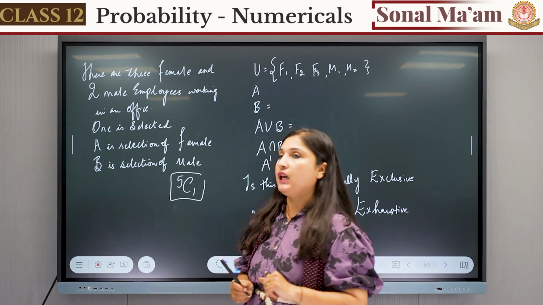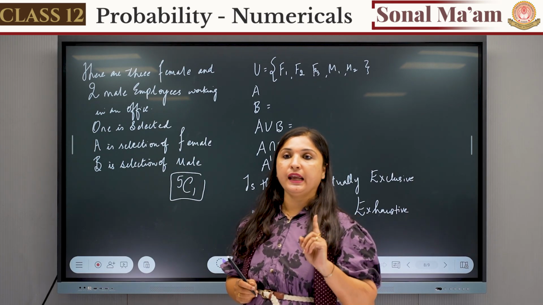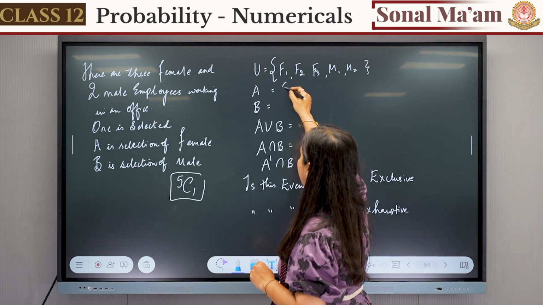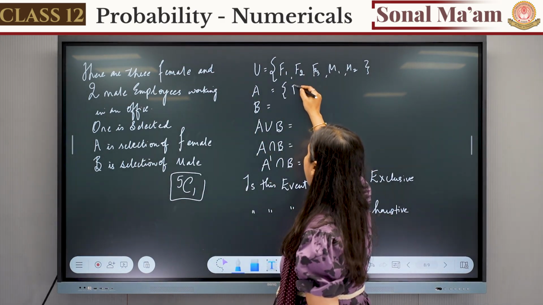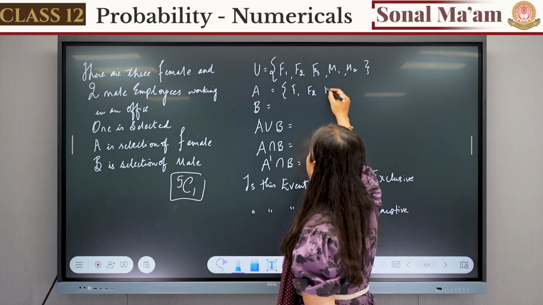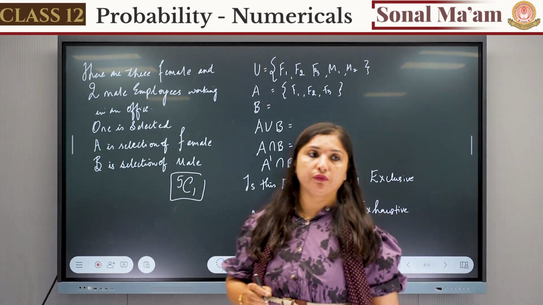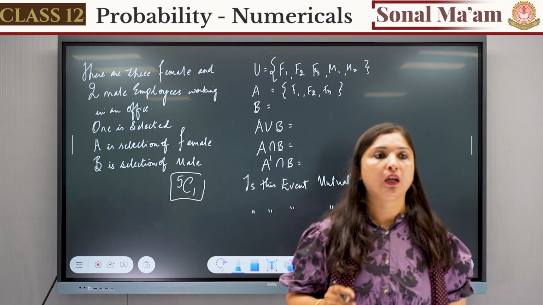Event A is selection of female employees. Female employees we have how many? We have 3 female employees. So selection of A will be F1, F2 and F3.